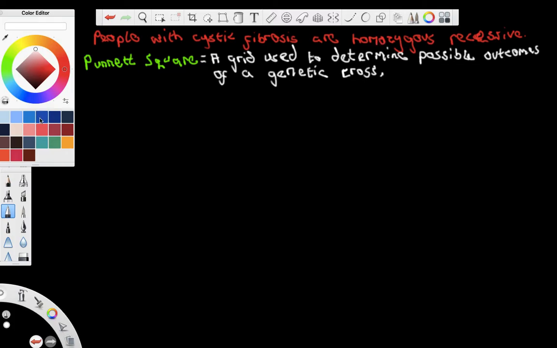So we can imagine an exam question, which I'm going to put in blue. I can say, a mother with cystic fibrosis, and I can put in brackets CF because that's how I'm going to abbreviate it. Whenever we want to abbreviate something, we write it out first.